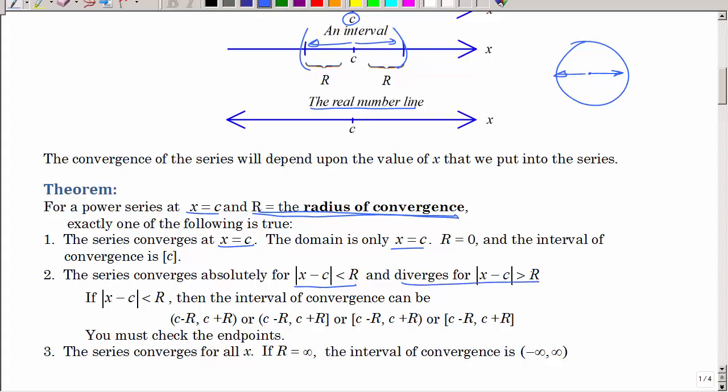In that case, it is sometimes less than or equal to, sometimes not. You will always have to check the endpoints to know whether or not to include them. The third possibility is that the series always converges and our domain is all real numbers.